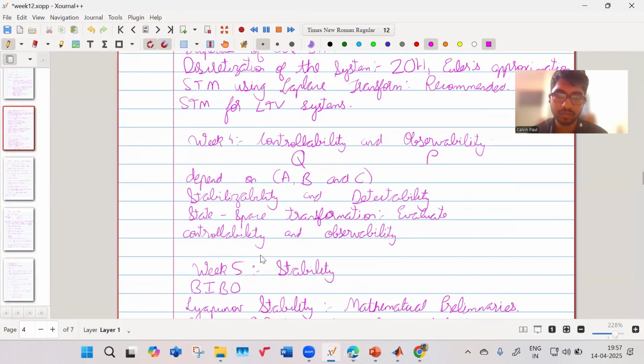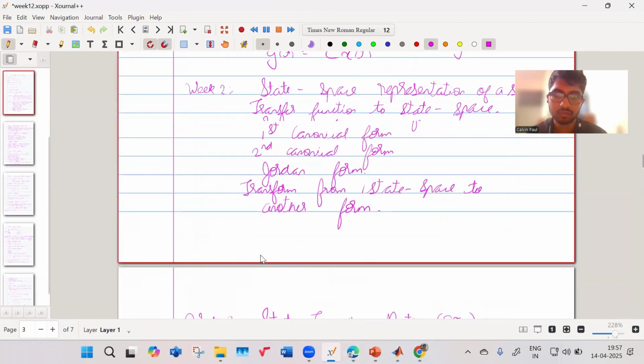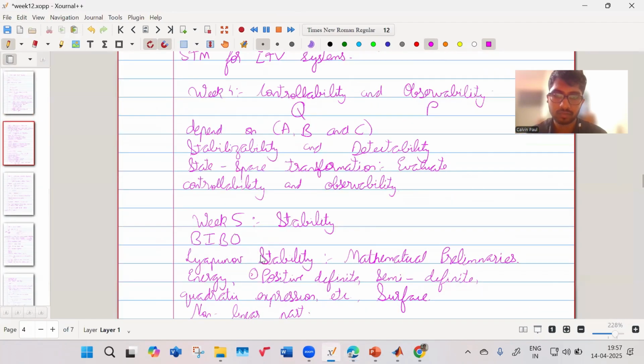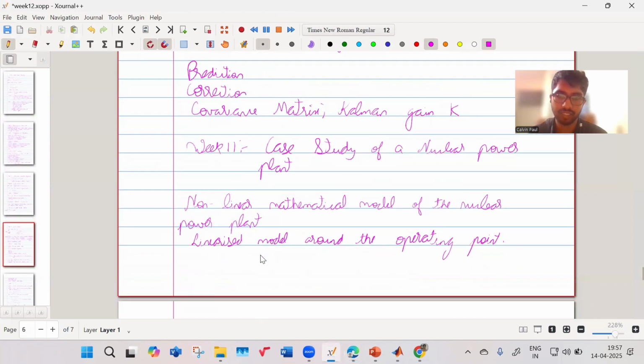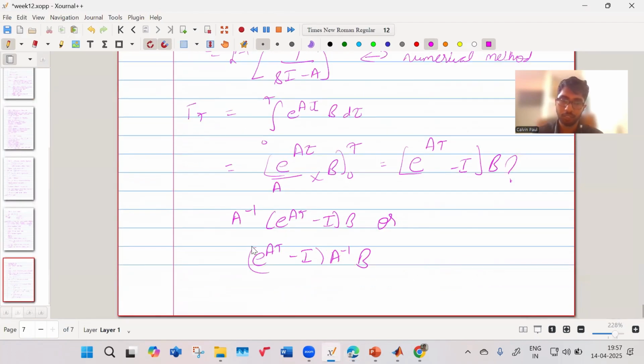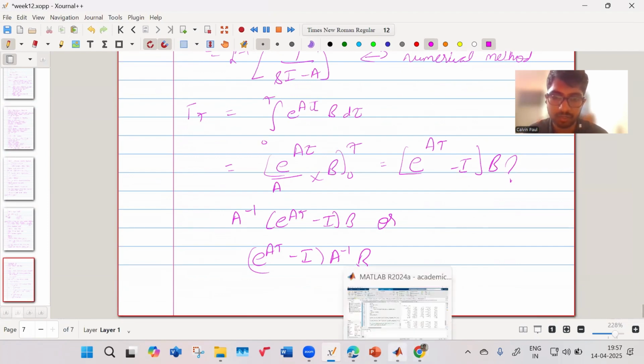But I'll get back to you on how we find this value, whether it is (e to power A T minus I) into A inverse into B, or A inverse into (e to power A T minus I) into B. So we can check on MATLAB now.